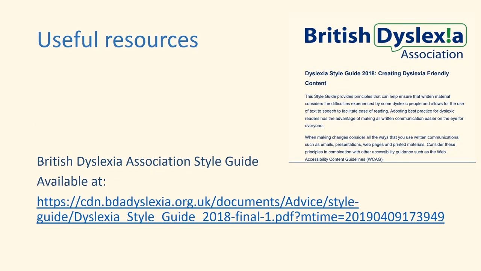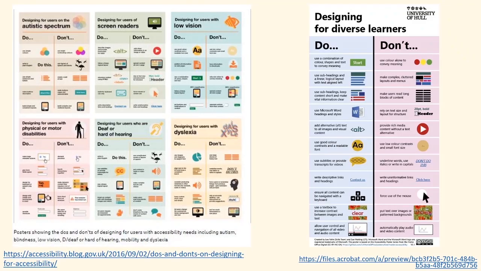The British Dyslexia Association helps us to design materials that will be accessible for people with dyslexia. Their style guide is well worth checking out. Finally, the University of Hull has combined material from the Home Office's series of posters about designing for diversity. They list a number of key do's and don'ts, which can remind us of good practice.